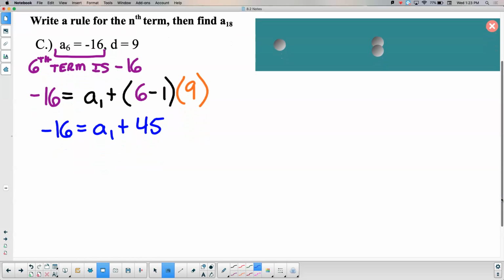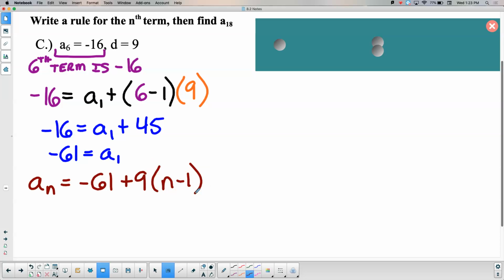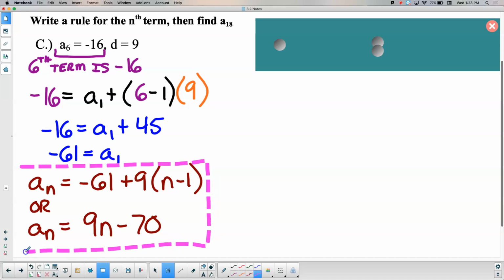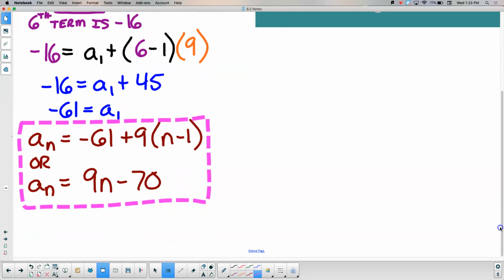So that gives me negative 61 as my first term. Then it asked me to find the 18th term.